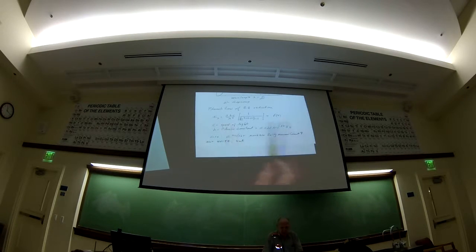So, now here's that law. c is the speed of light, h is Planck's constant, a universal fundamental constant, one of the really significant constants, right up there with Newton's gravitational constant. Note that this e to the hc over lambda kT looks suspiciously like the Boltzmann factor, but it is not.